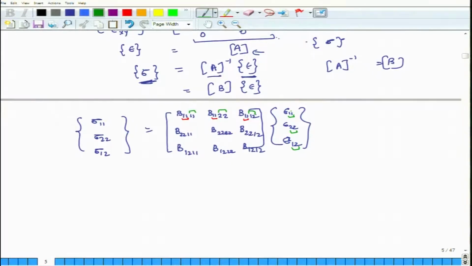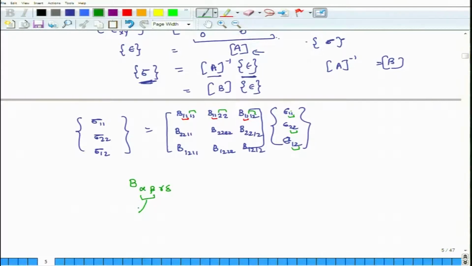Okay. So, what that means is that B, in general, if we call it alpha, beta, gamma, delta, this is in general 4 terms.